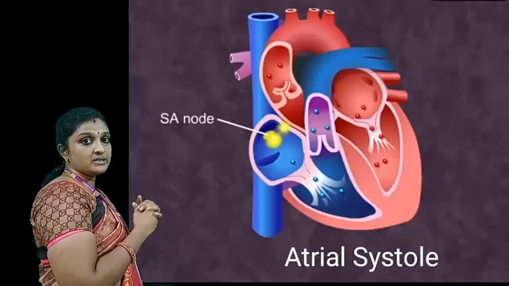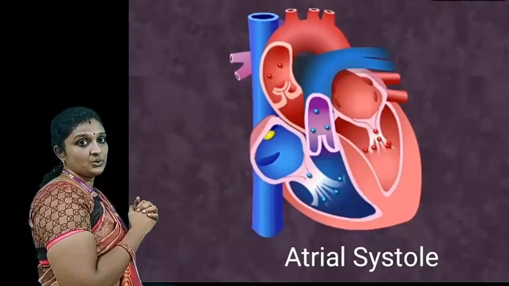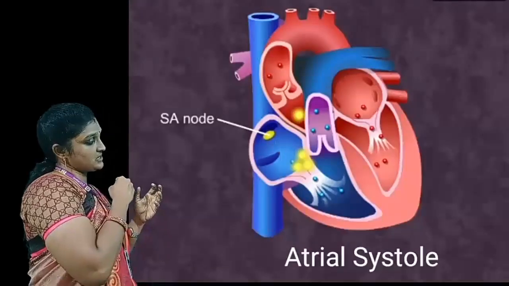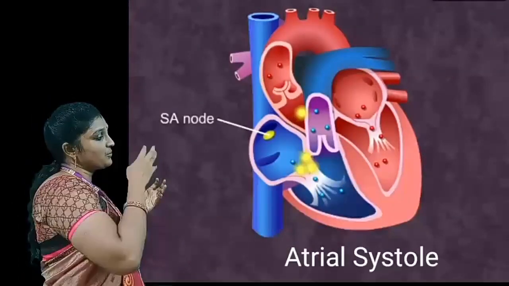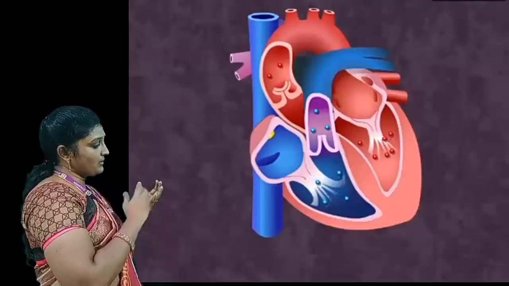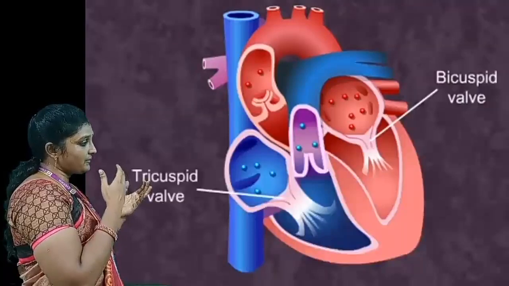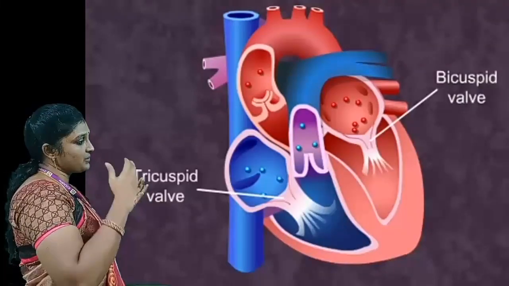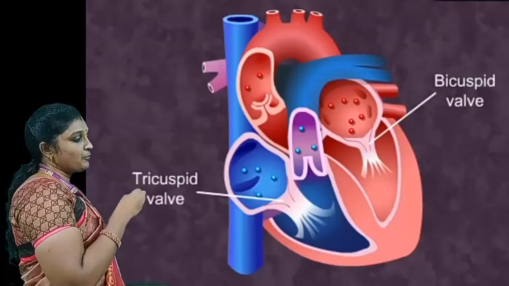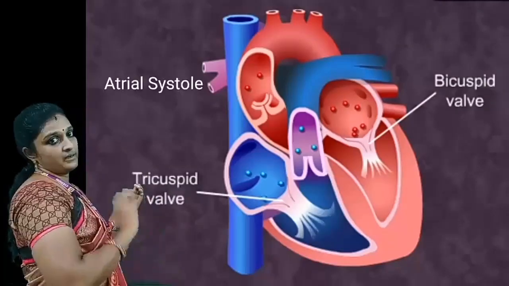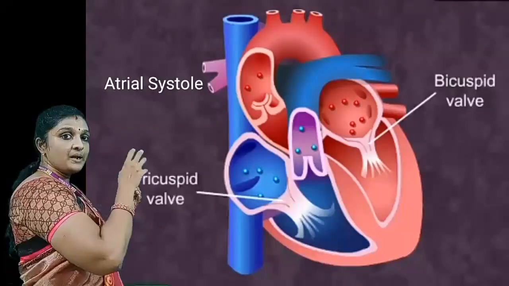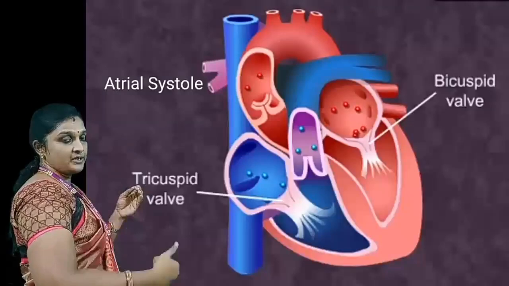Because of this contraction, it creates the atrial systole, and this atrial systole contracts the atrial part and pushes the blood to the ventricle. When it pushes the blood, on the right side you have the tricuspid valve and on the left side you have the bicuspid valve. Both valves open and the blood flows from the auricle to the ventricle. So due to the atrial systole, the blood flows from auricle to ventricle.